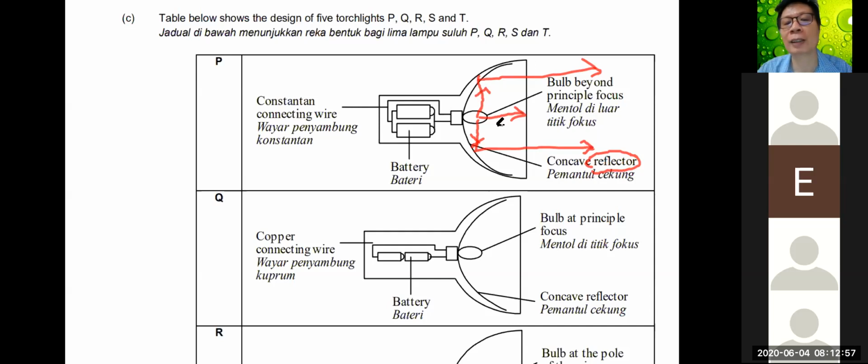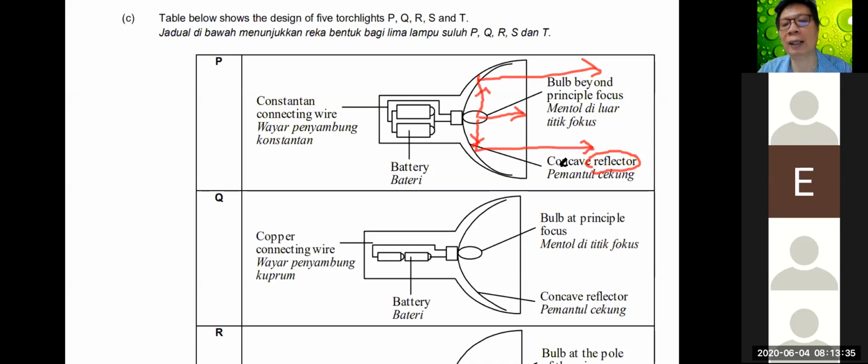The bulb must be placed at the focal point, F. This reflector is a curve, and when the bulb is at the focal point, the light hitting the reflector will become horizontal. So the position of the bulb is very important. The bulb must be at the focal point. Beyond the principal focus cannot, this one is out.